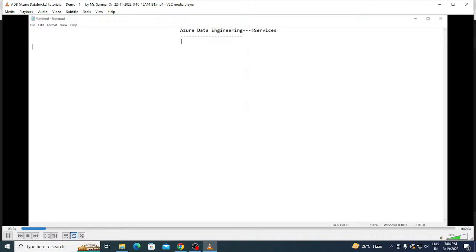We have the first one here as Azure Databricks. Then we have the next one, Azure Data Factory.